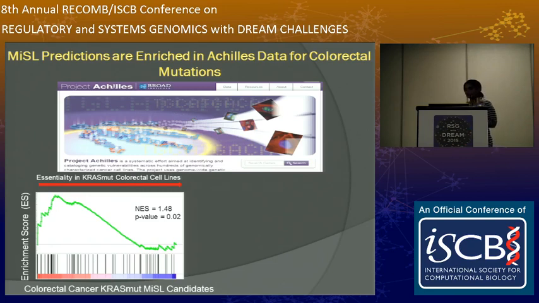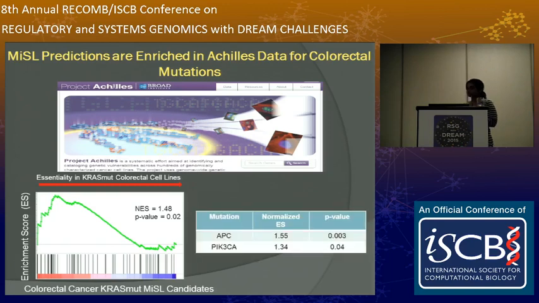This was a statistically significant result, and this happened to be true for two other major colorectal mutations. So at this point, given two different types of sources of shRNA data, we were able to find concordance between our computational method and the experimental screens. So we were at a point where we thought we were actually finding some real things.